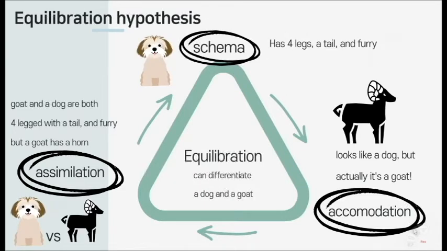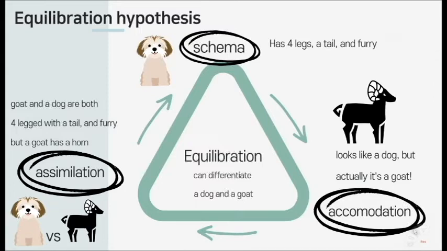Let's say a child sees a dog. It's four-legged, has a tail, and it's furry. Then the child learns it and develops a schema of a dog. Accommodation is when, for example, a child sees a goat, but knowing that the child has a schema of a dog which has four legs, a tail, and it's furry, the child will think that a goat is a dog.